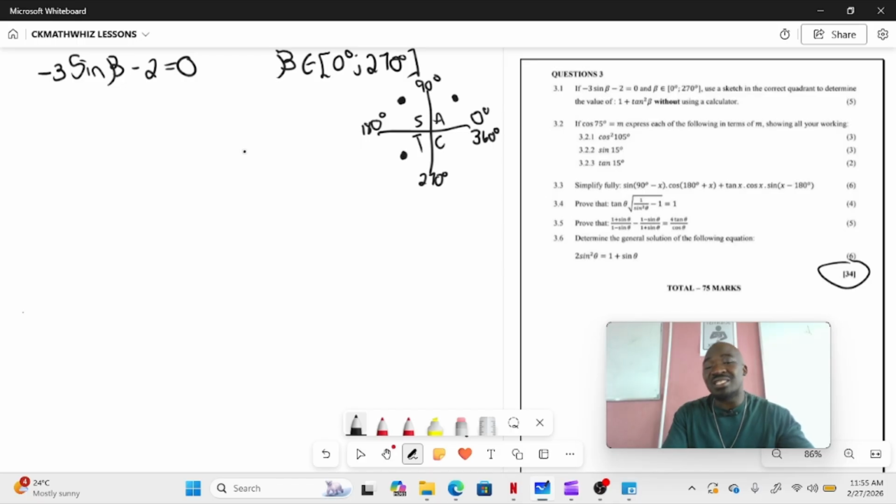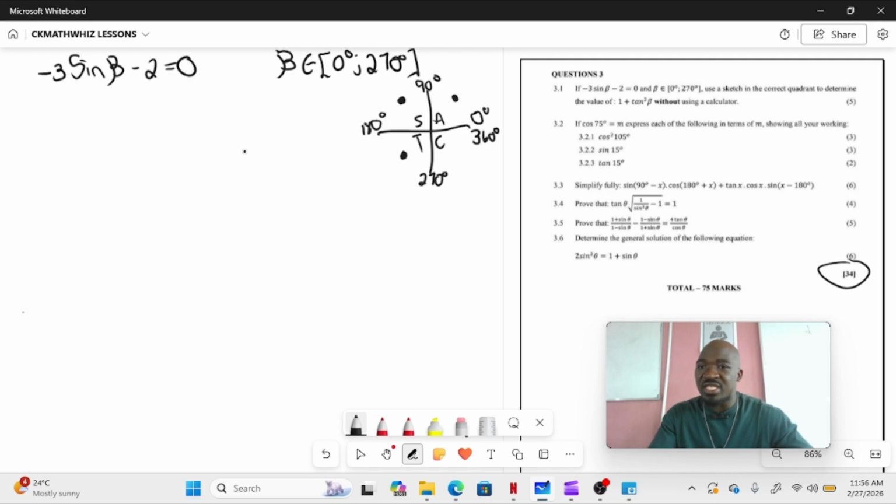So this triangle is supposed to be in these three quadrants. This tells us these are the quadrants we're supposed to play around, right?